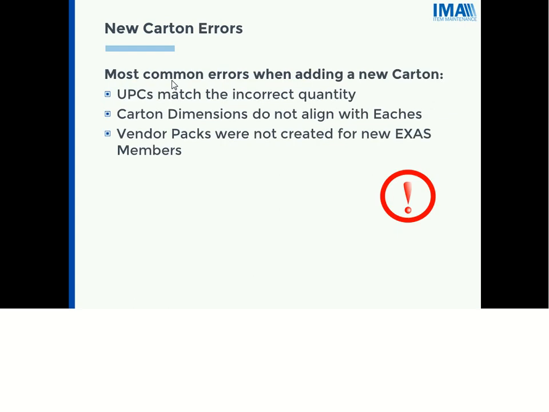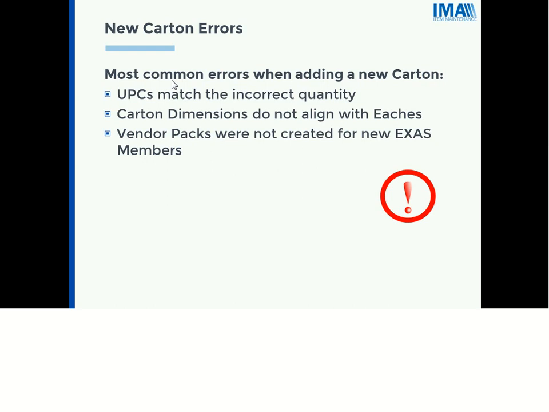The most common errors that you'll encounter when adding a new carton are that the UPCs match the incorrect quantity, the carton dimensions do not align with the eaches, or vendor packs were not created for the new exploding assortment members.